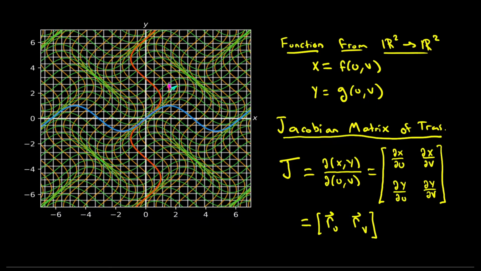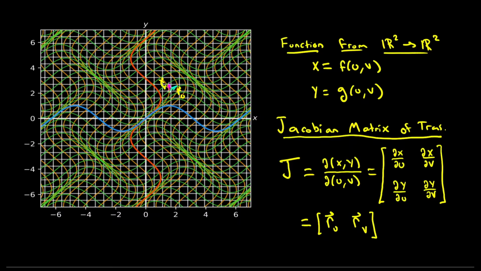And on this picture right here, this arrow, the cyan arrow, is r_u. And this magenta arrow right here is r_v.